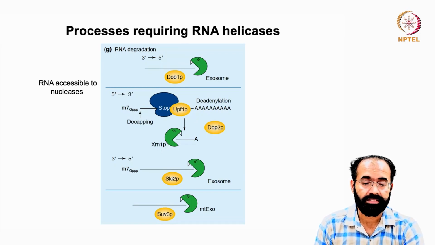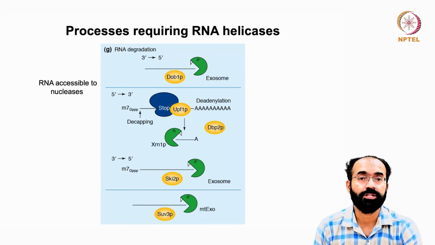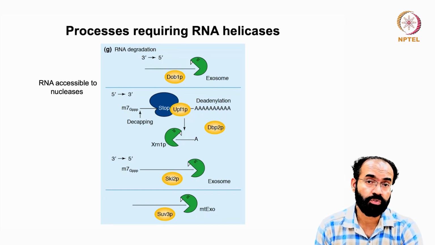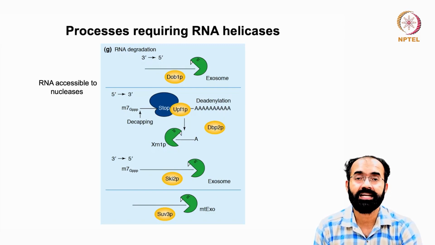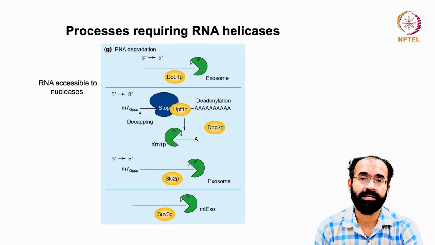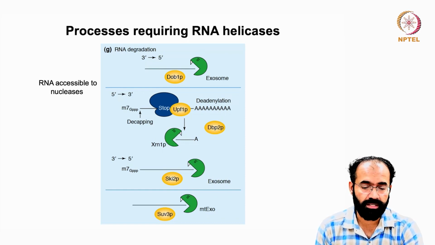And then in the 3' to 5' direction, when you want to regulate the exosome: if the exosome is on, the RNA will be degraded from the 3' end. But again, this has to be regulated. It cannot go at a tremendous pace. So that is regulated by SKI2P. And there is another exonuclease, MT-exo, which is similar to the exosome. This MT-exo is influenced by SUV3P, another RNA helicase.